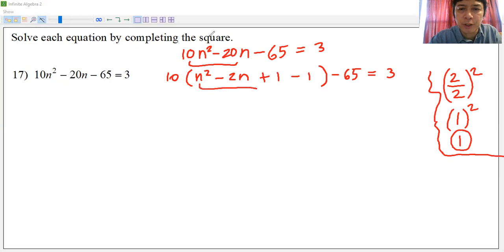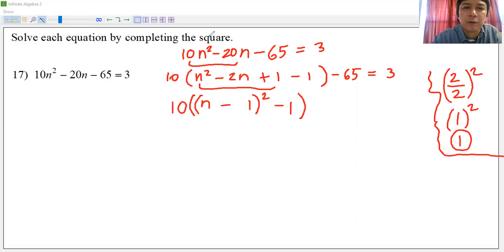And this will reduce to a perfect square n with a 1. The sign in the middle is minus, and then squared, followed by the minus 1. And we put the original parentheses and the number 10 outside, and we have the minus 65 equals 3 there.